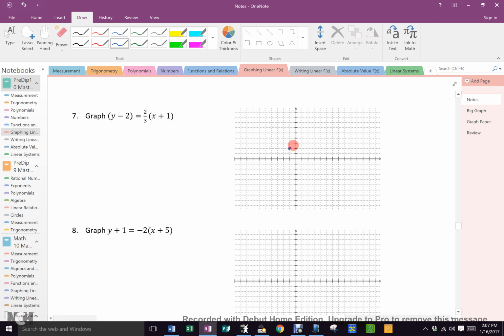Everyone agree? Okay, now what's your slope? 2/3. So what is that, Bronwyn? Up 2 and right 1, 2, 3. Or down 2 and left 1, 2, 3. Does everyone agree? And then I would connect the line, yes?